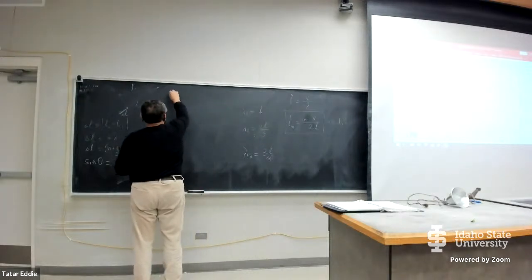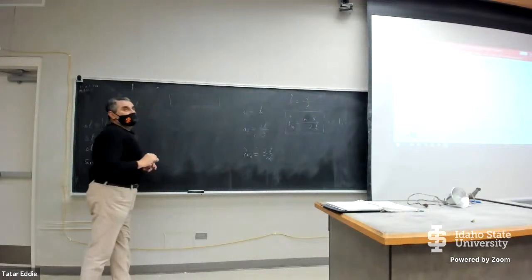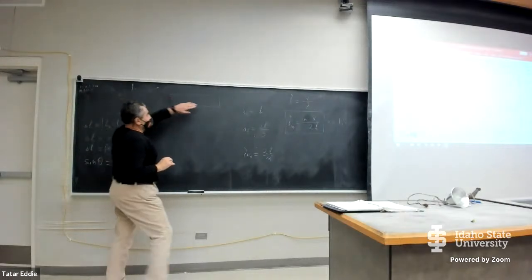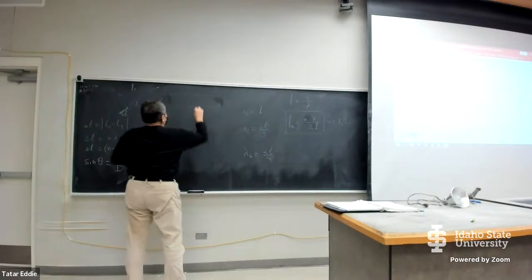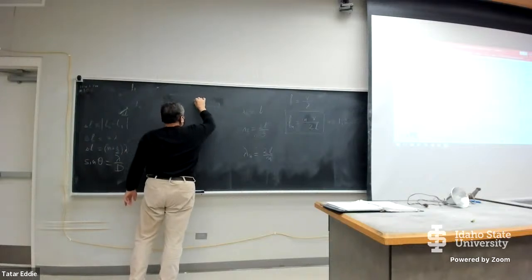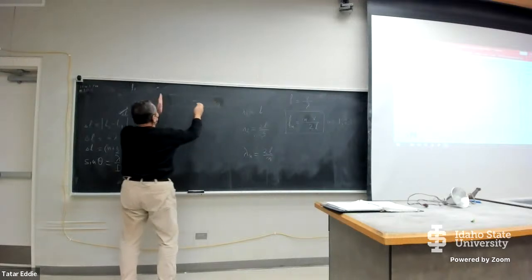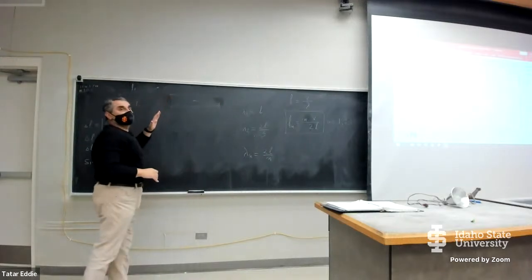Here is the pipe, and if the two ends are open, the sound wave is going to have antinodes at the open end, and the other end is also open, so it has to have antinodes at the two open ends.